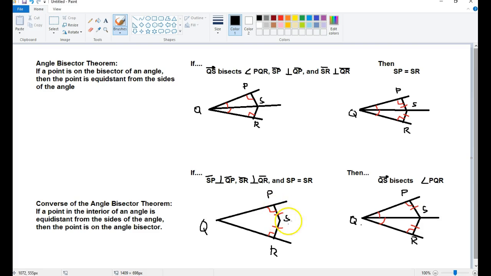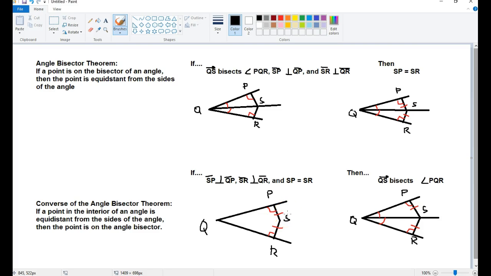Well, if we're given all of this, that means that if we draw a line from Q to S, that line would be the angle bisector. That line would make these smaller angles congruent. So these equidistant things do a lot of different things. Just being told a couple of these things, we can figure out a bunch more stuff.